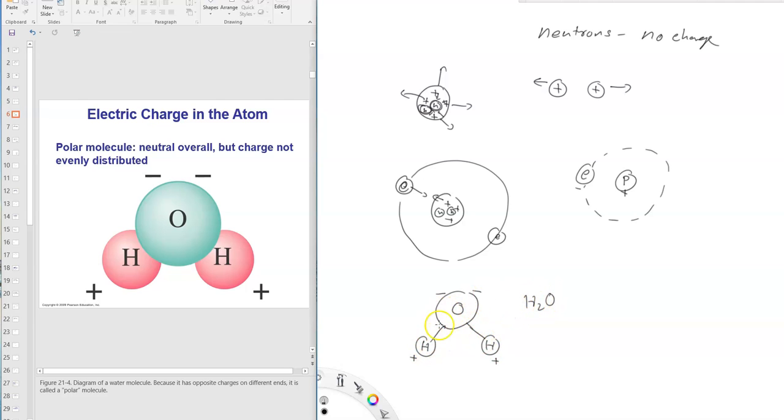Because of this particular shape, because of this bend here, the molecule has a more negative end and a more positive end, right? Molecules like this, we call polar molecules. They're polarized. Charge is not evenly distributed.